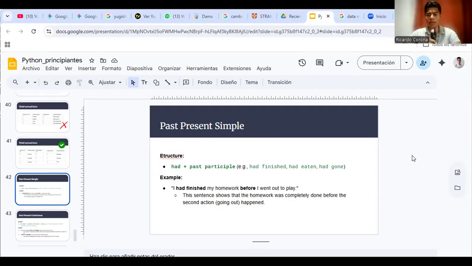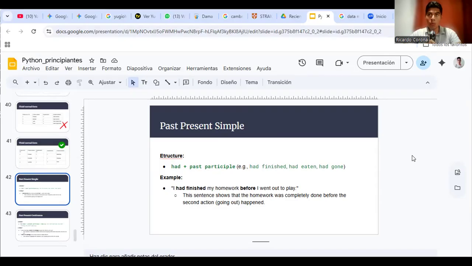In this point, you need to know the form of each verb. Some verbs are regular verbs in each different tense. For example, the infinitive verb is finish.